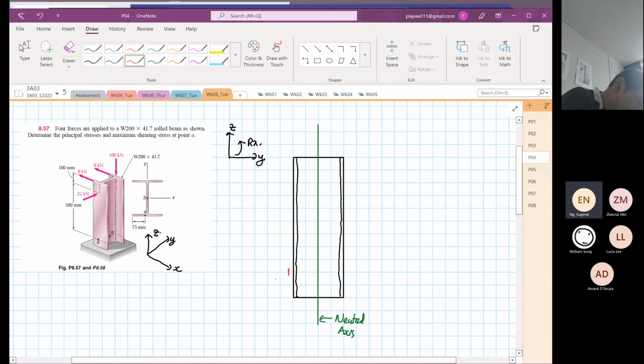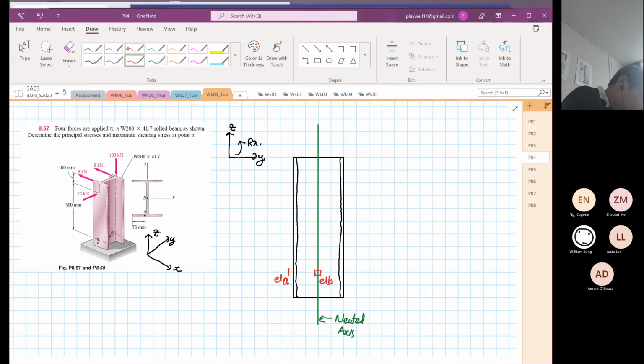So over here, this is our element A. Over here, this is our element B. Then we put in our associated forces. You have 100 kilonewton coming in here.